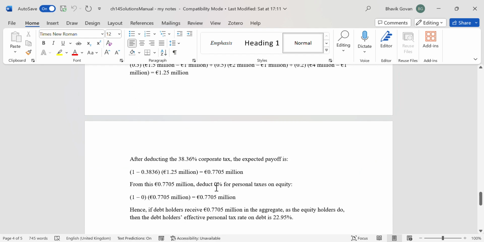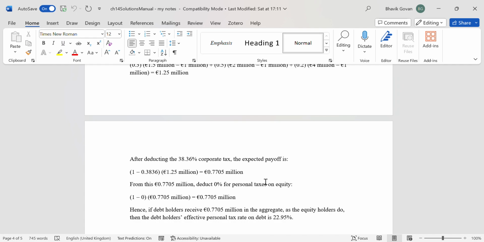Now, after deducting the corporate tax rate of 38.36%, so 1 minus 38.36% times your 1.25 million that's due to the equity holders, you get 0.7705 million. From that, you deduct your personal taxes on equity, but remember, those are 0. So those two figures are the same.